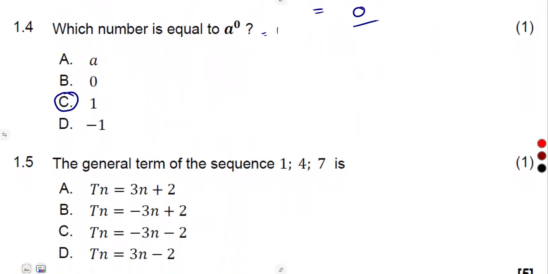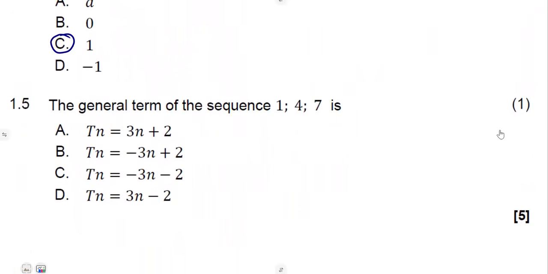1.5. The general term of the sequence that we are given here is what? So here, guys, if we check, that's a numeric. If we check on our terms T1, T2, T3, that's a common difference. Let's subtract 4 minus 1, that's 3. 7 minus 4, that's a 3.